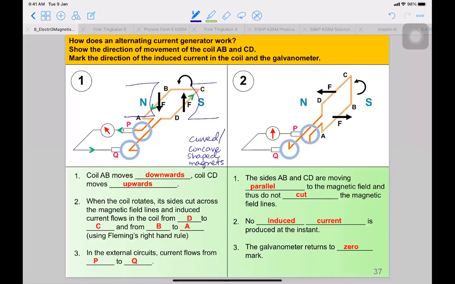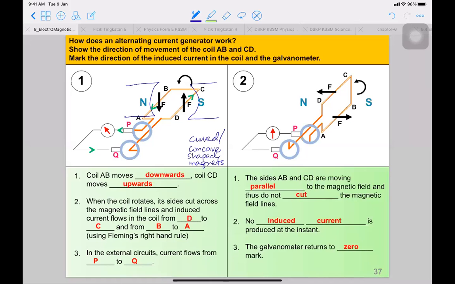What is the reason why we use curved or concave shape magnets? To produce radial magnetic fields. Yes, correct.